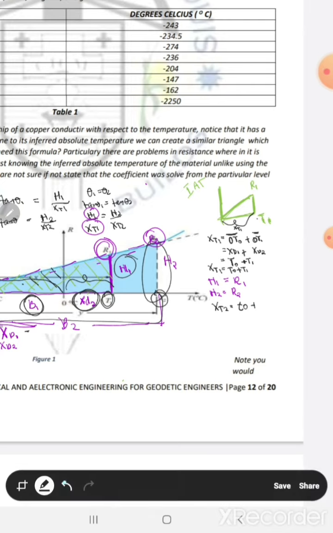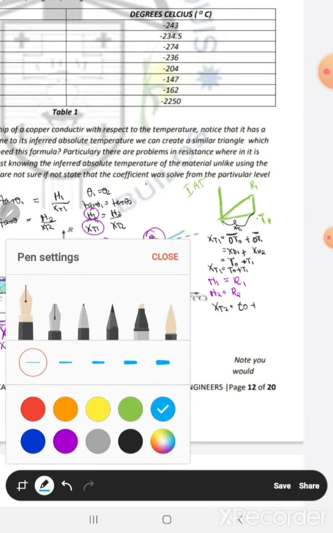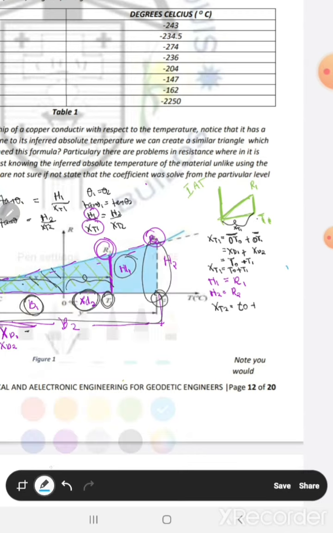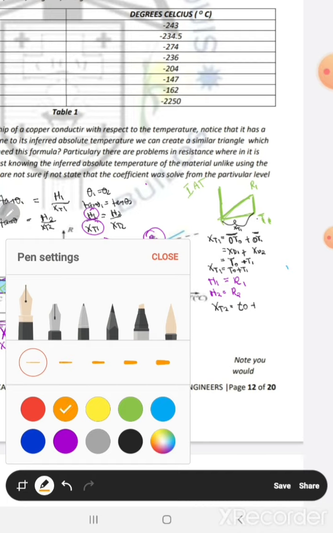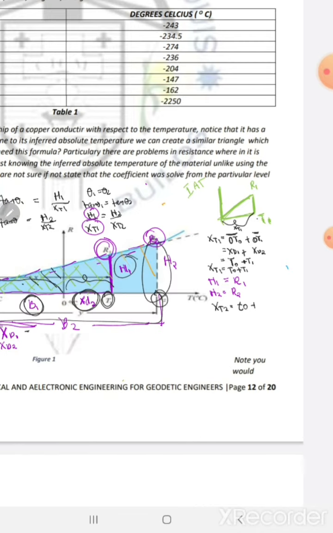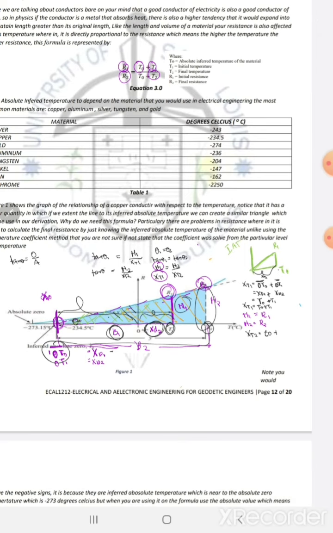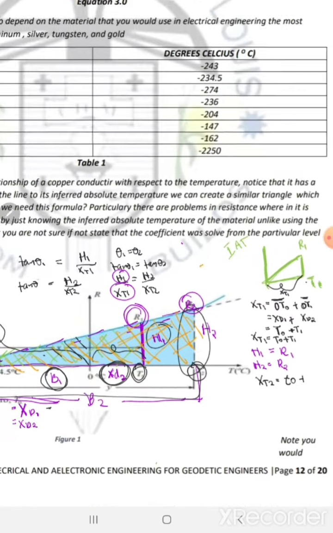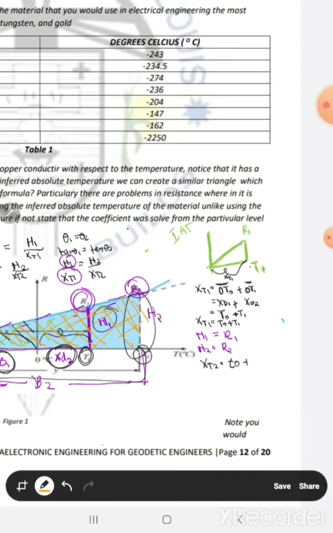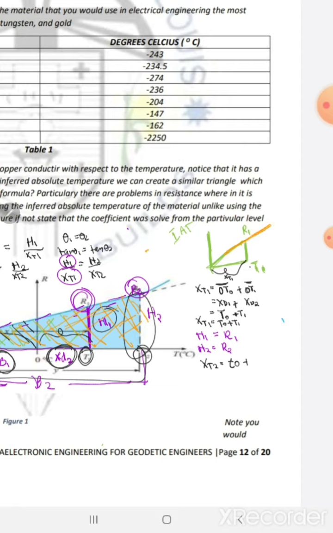Para makuha natin yung buong area mo. Ito yung consider natin triangle. The orange triangle. If you are considering the orange triangle, you are considering the whole triangle from your inferred absolute temperature to your temperature at R2. Alright? So, this will be our inferred absolute triangle. So, i-extend ko to. Okay? This will be at R2 and T2.